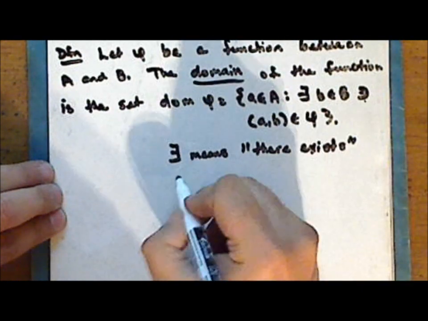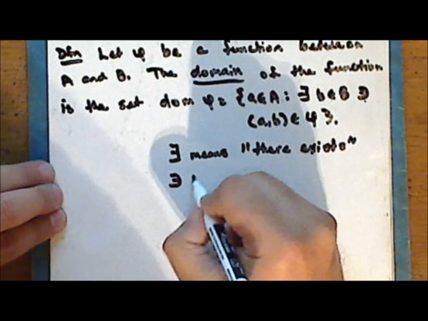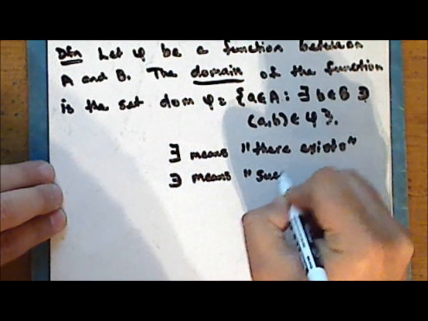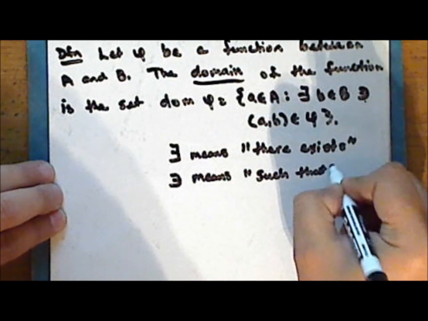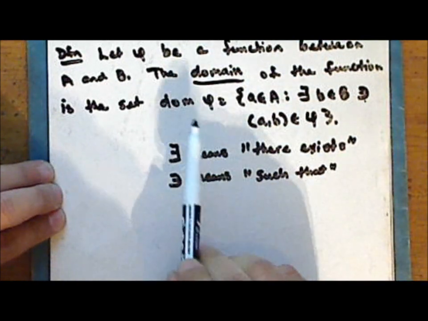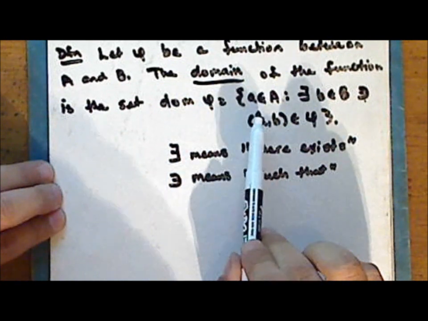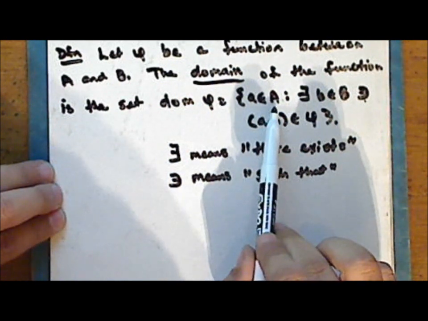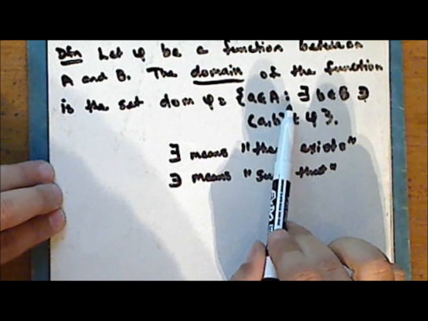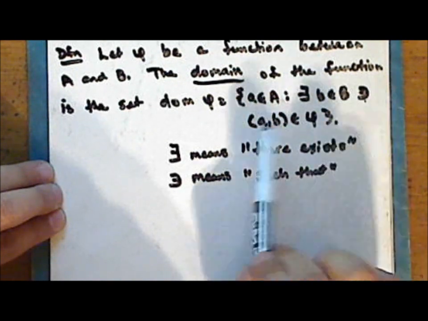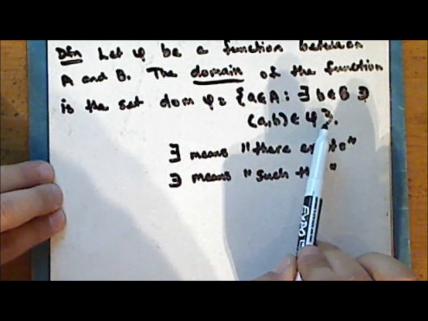This symbol here means such that. And so again, the domain of the function phi is the set of those elements in the first set for which there exists an element in the second set such that the ordered pair is in the function.